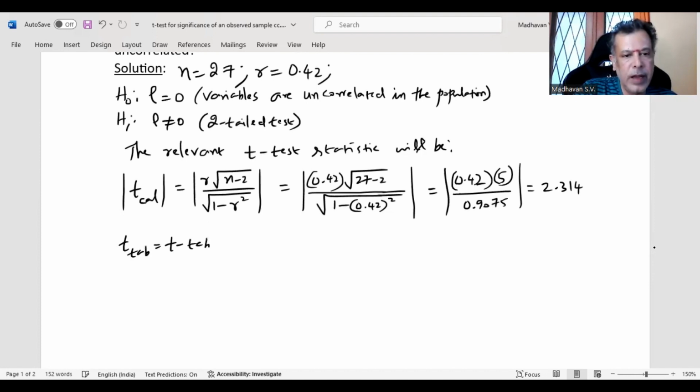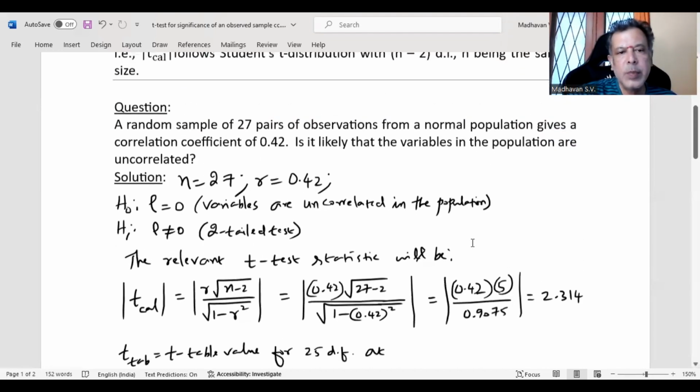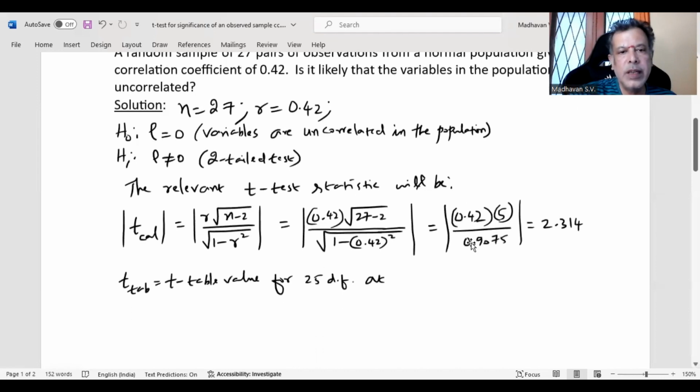Now this has to be compared with the t-table value, t-tab, for n minus 2 degrees of freedom, here 27 minus 2, so 25 degrees of freedom. Since nothing is specified about the significance level, we will consider the 5% level of significance for a two-tailed test.